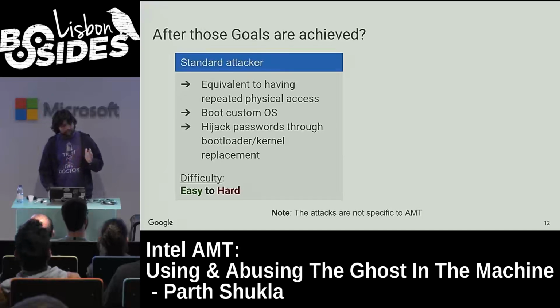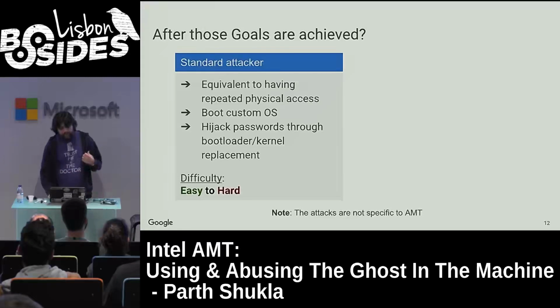If the disk is encrypted, you can replace the unencrypted boot parts to hijack the disk encryption password. Come back a few days later, use the encryption password to replace binaries on disk, and get the machine to connect back to your CNC, and then you basically have root. Anyone with repeated physical access to your machine today can do this, with the difference that with AMT you can do it with potentially just one-off physical access.